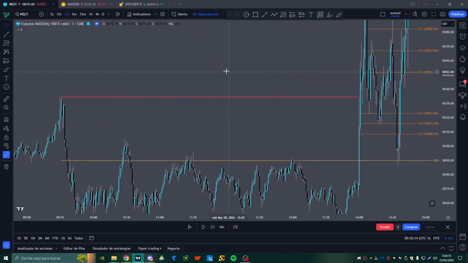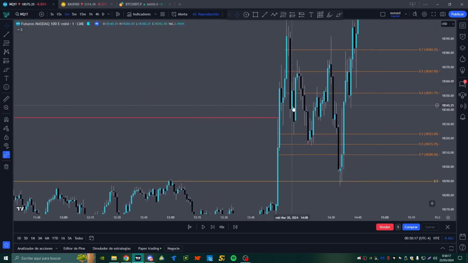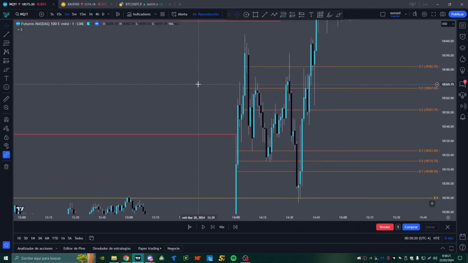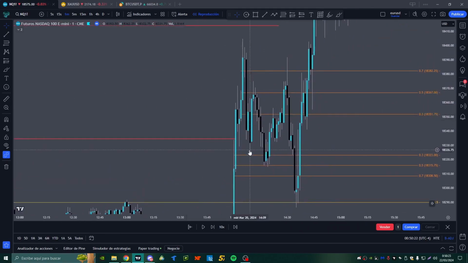If we didn't have it in that temporality, in 15 seconds, more likely it will not be in a minute either. Well, here in a minute, there was also rejection, so it came to do the tap to 50, and in a minute, it was respecting the bodies of that level.